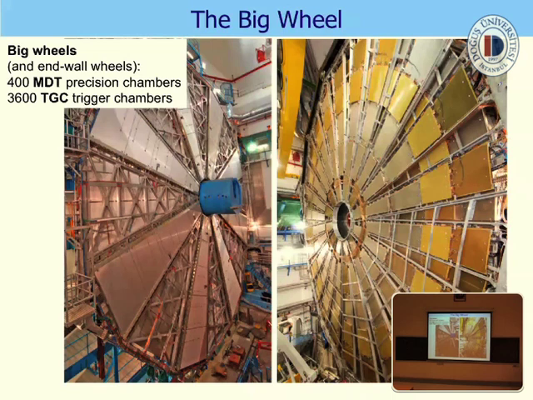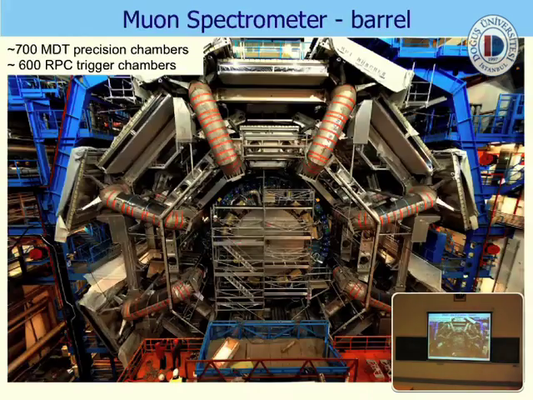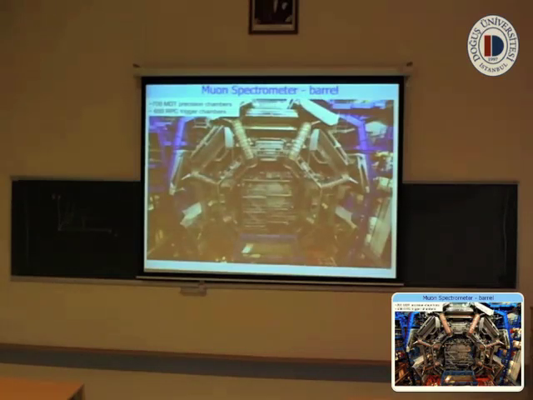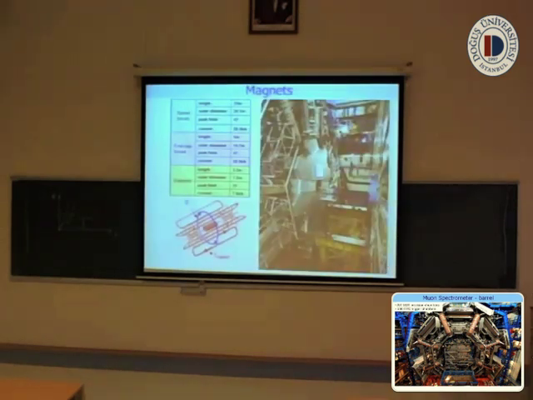These detectors we use for triggering, and these detectors we use for precision measurement. Now here you can see the barrel part. Here you again see the layers of the Muon spectrometers, and this is a barrel toroid which produces the magnetic field. And this is a magnet.